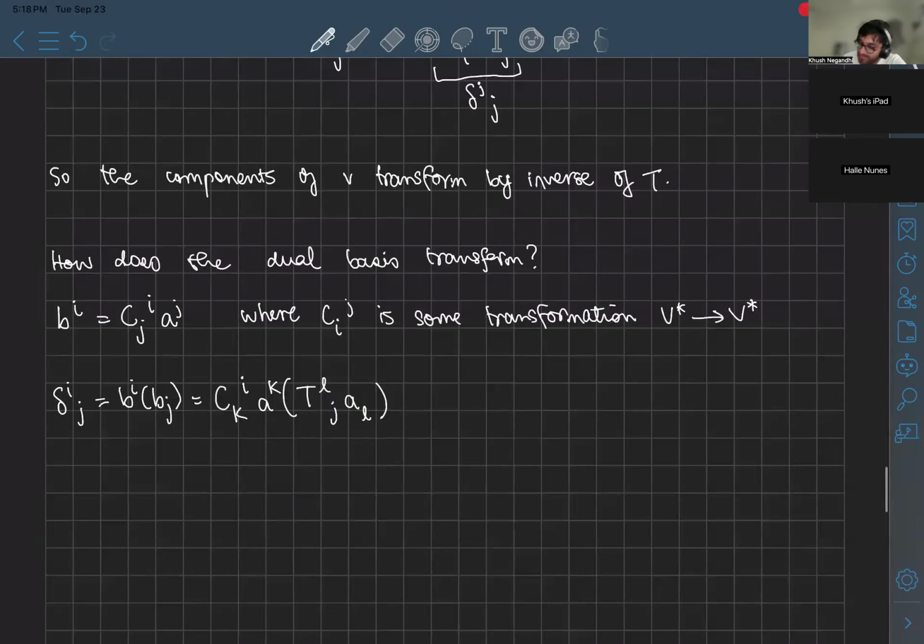Now the map a_k is linear, so we can just pull everything out.